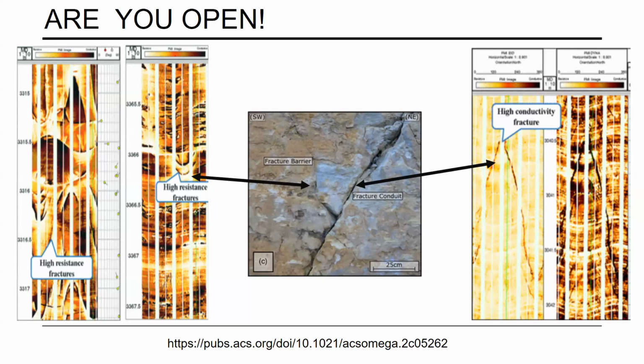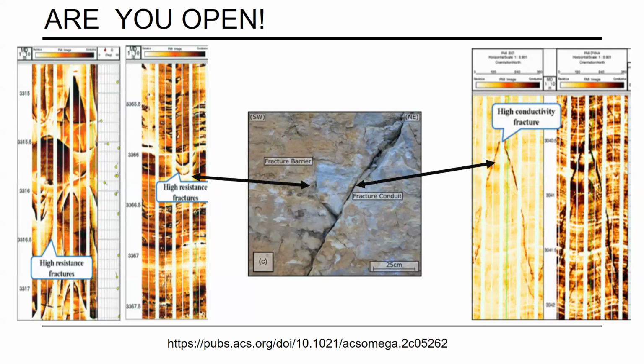The next important thing you need to understand is whether the fractures we are looking at in a borehole are open or closed. And the only way to have hard evidence about those fractures comes from borehole images.